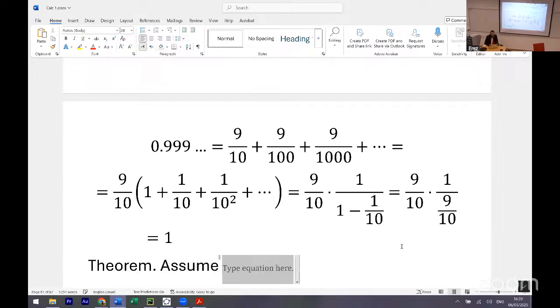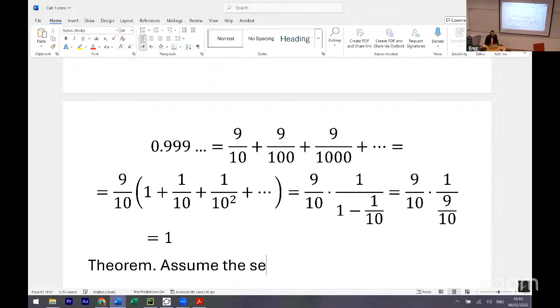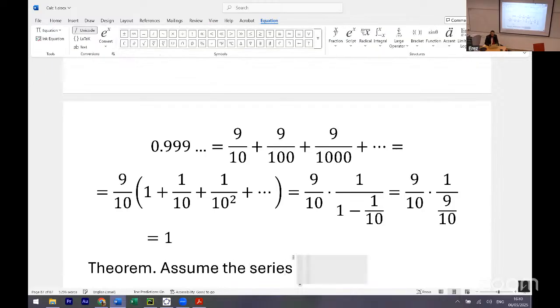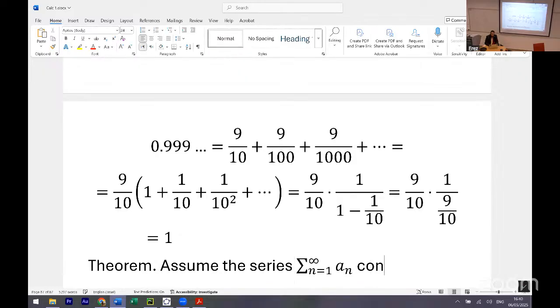Assume the series sigma from n equals 1 to infinity of an converges, then an tends to 0.